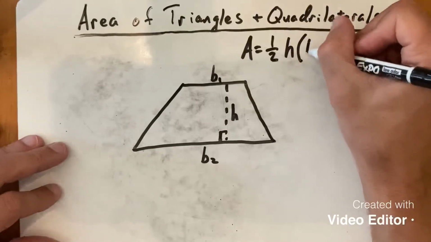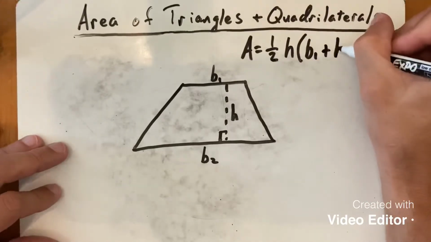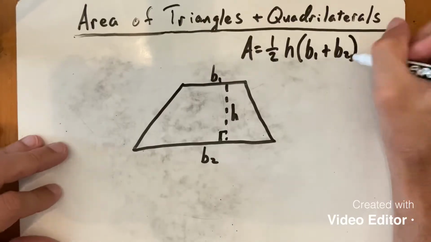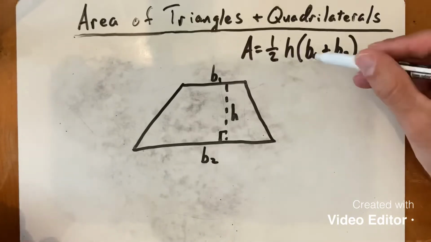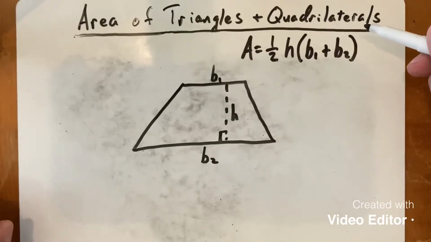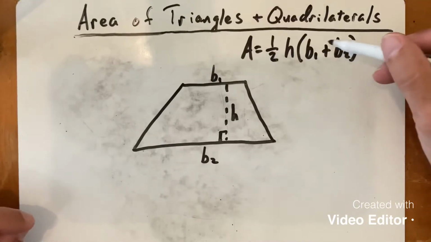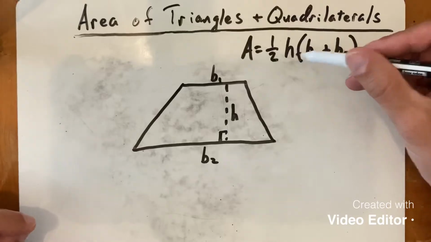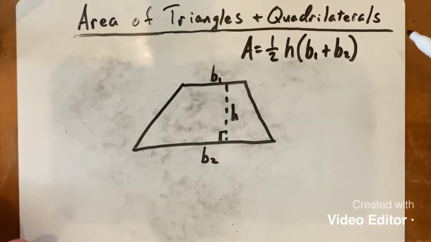I'm going to take the value of base 1 and add it to the value of base 2. This is in parentheses because we want to make sure that we do that first before we multiply it by 1/2 and by the height. So add the bases together, then whatever that value is, multiply it times the height, and then multiply it times 1/2 or divide by 2.